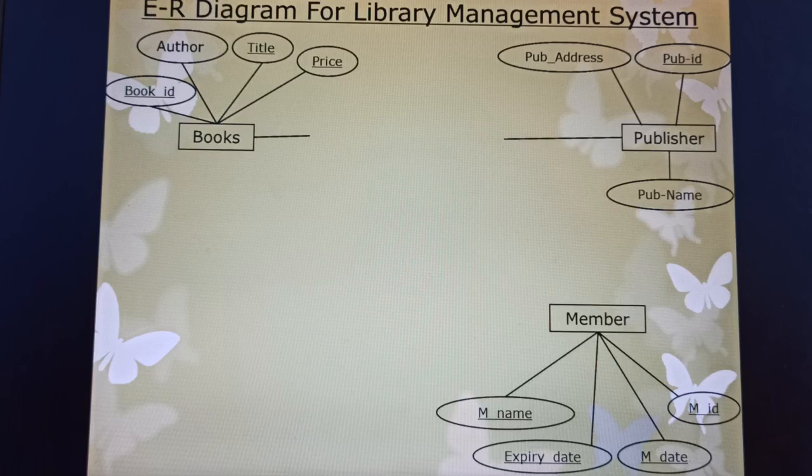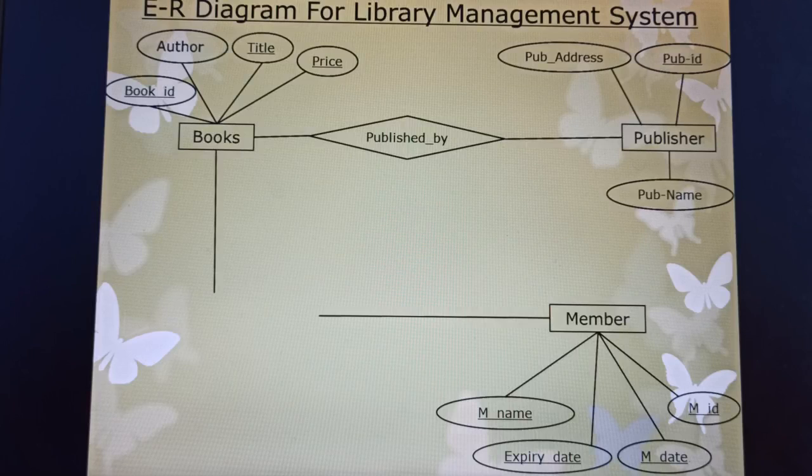Now we have to represent the relationship between books and publisher. Books are published by publisher. Therefore, the relationship is named as published by. Then the relationship between books and members is represented using borrowed by, because books are borrowed by members of that particular library.